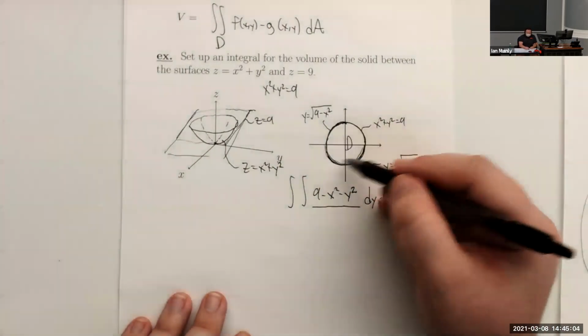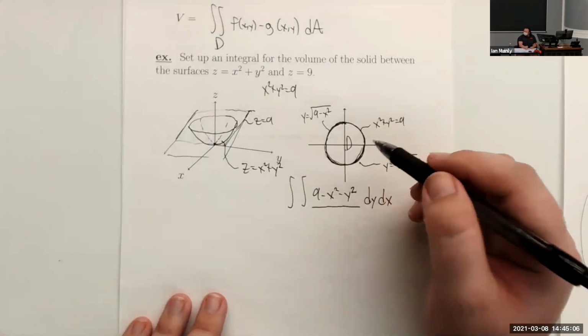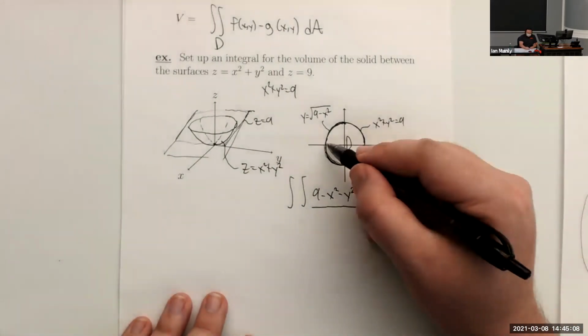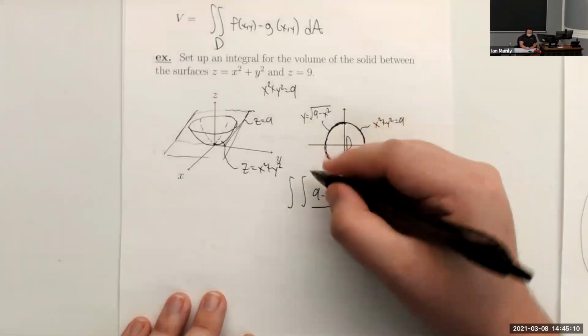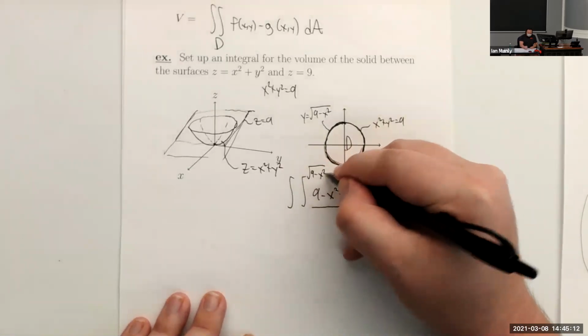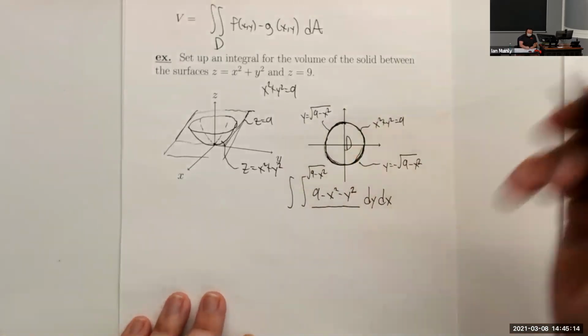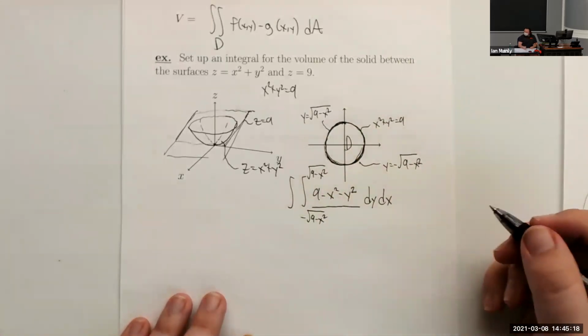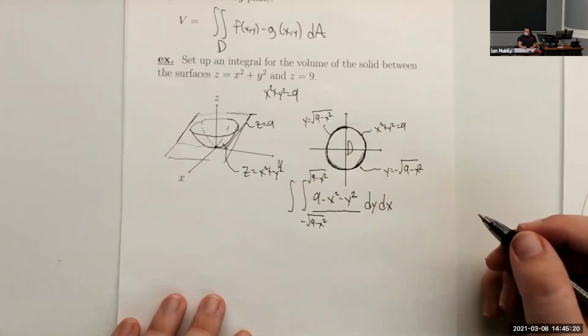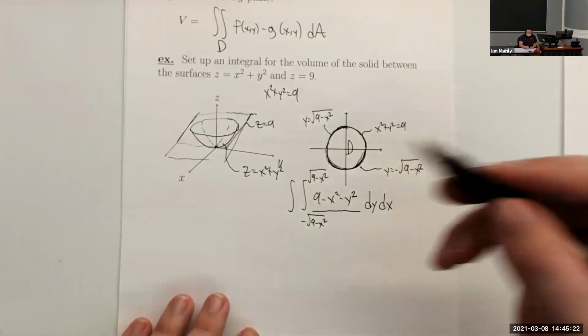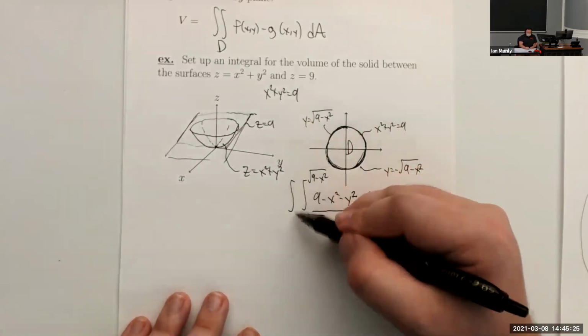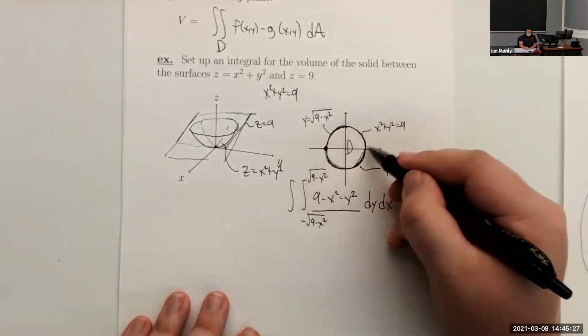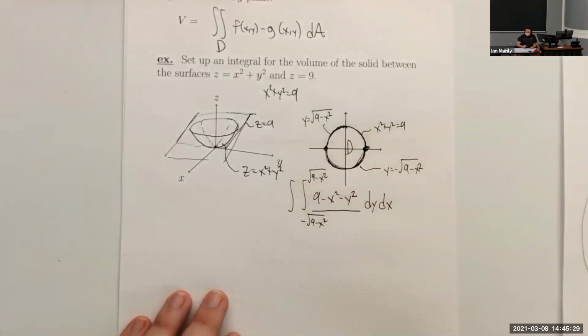And this is a top-down view right here. All right, so that means our y bound up here will be root 9 minus x squared, and our y bound down here will be negative root 9 minus x squared. All right, and then let me ask you guys this. What are our x bounds going to be? What's our lowest x value here and our highest x value here?